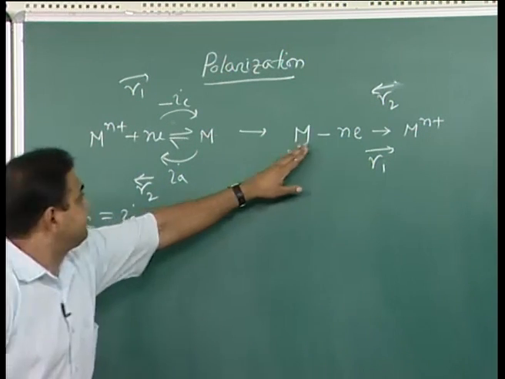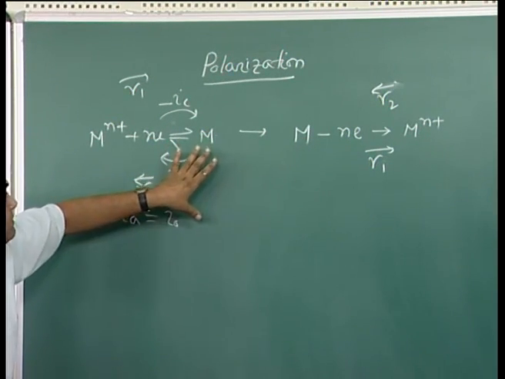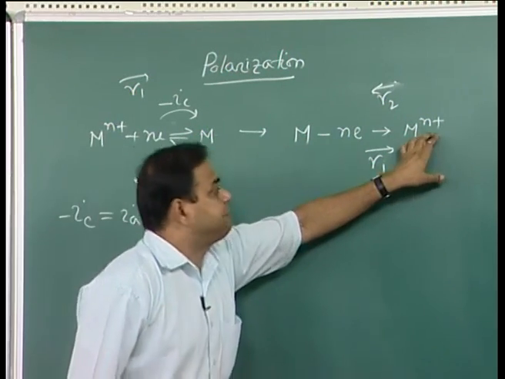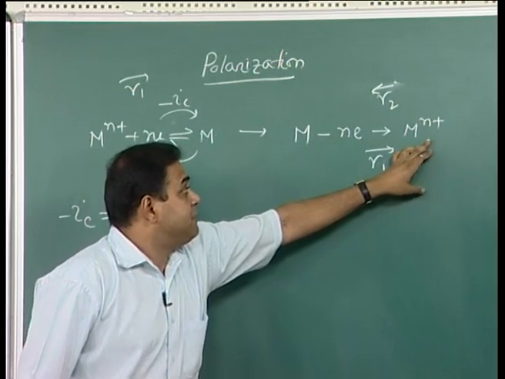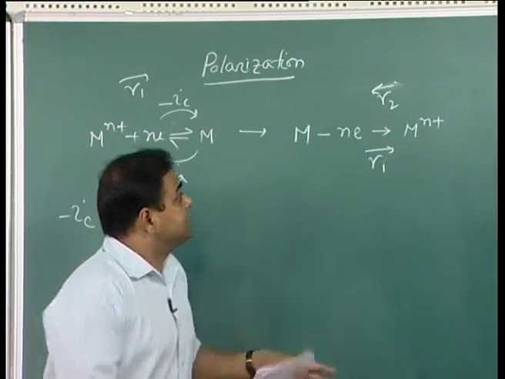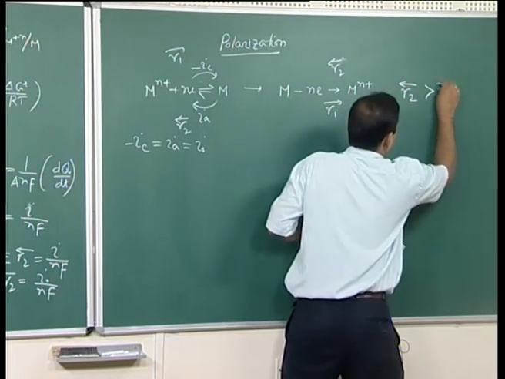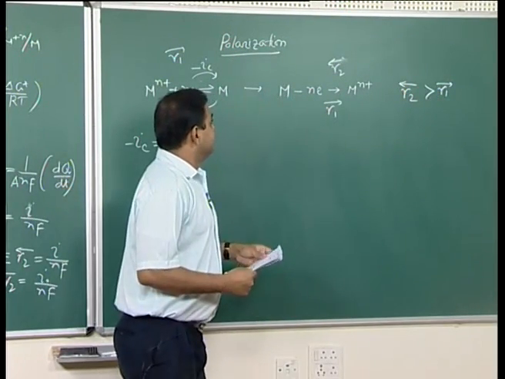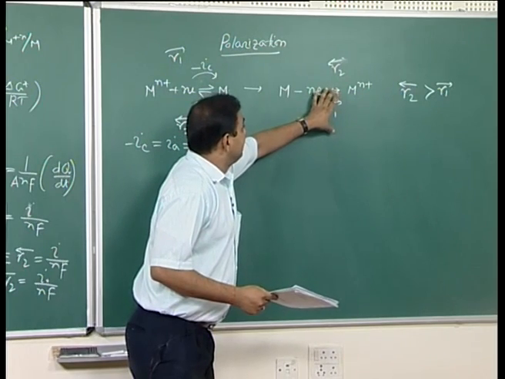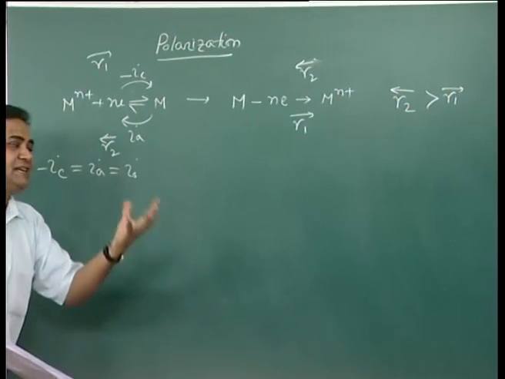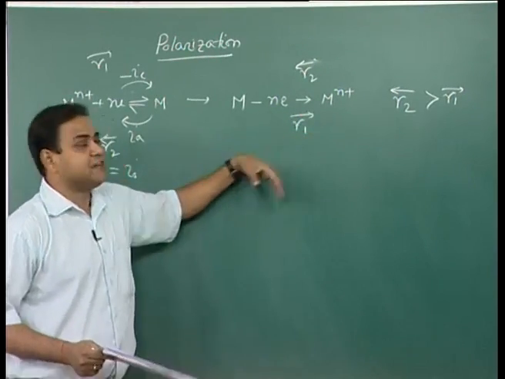Now, in this case I know that equilibrium is disturbed and metal ion formation is preferred. So, I am having preferentially metal ion formation, which means that R2 is greater than R1, and that means the rate at which the metal ion is forming is exceeding the rate at which metal ion is getting deposited.